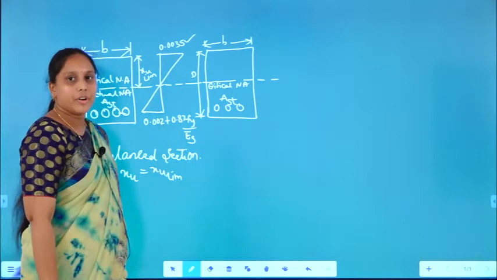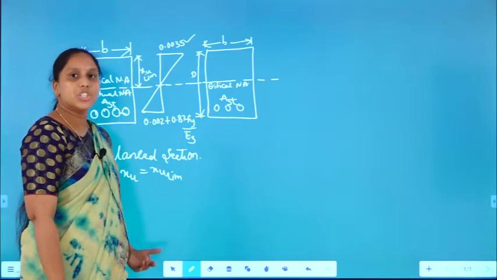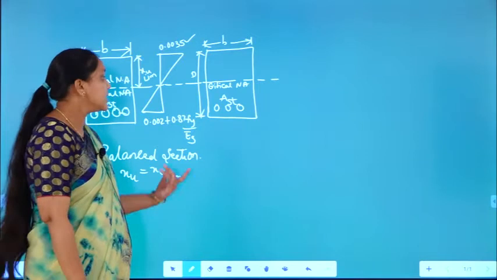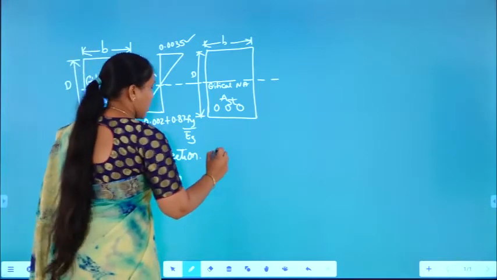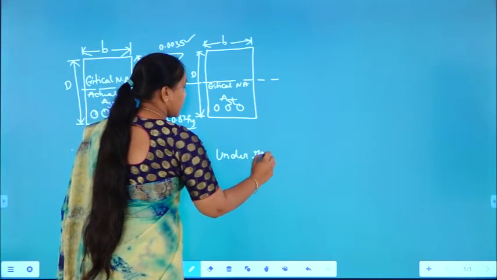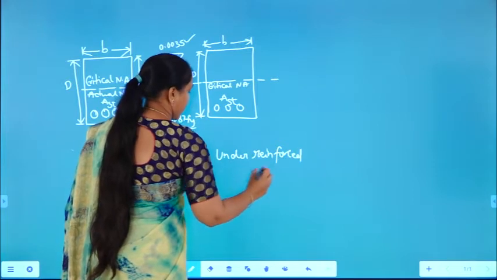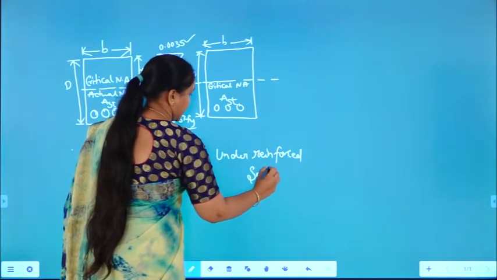So, if the reinforcement is provided less than that required for a balanced section, then such kinds of sections are called under reinforced sections.